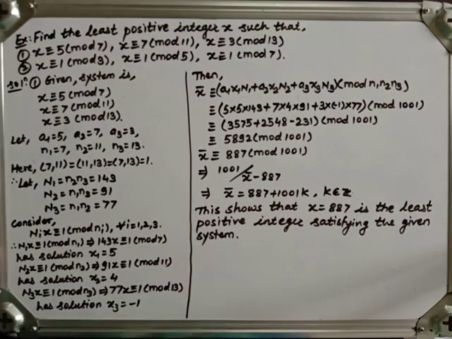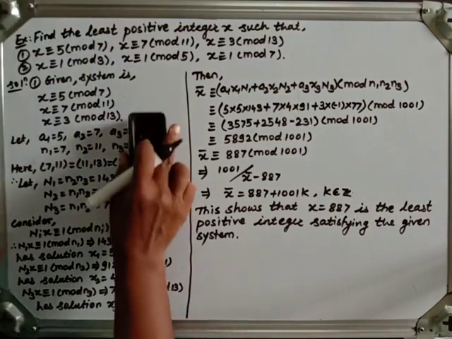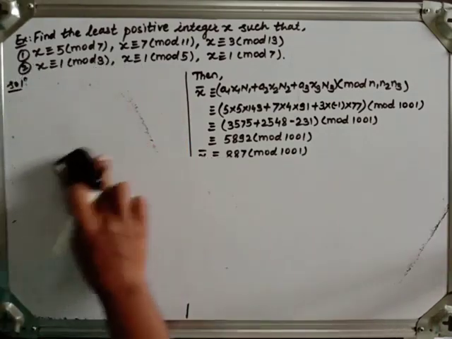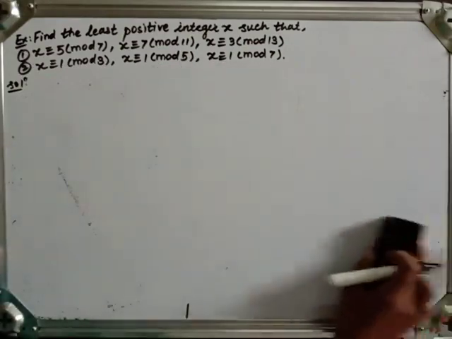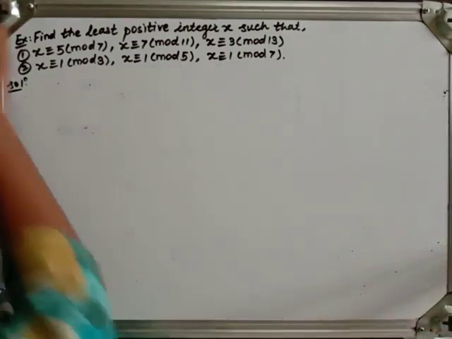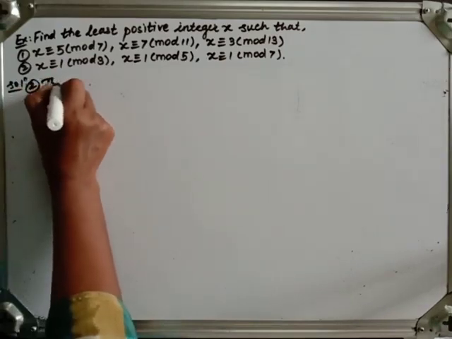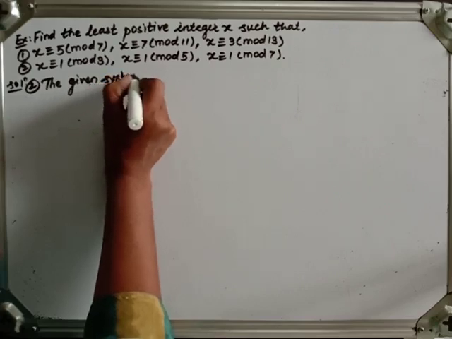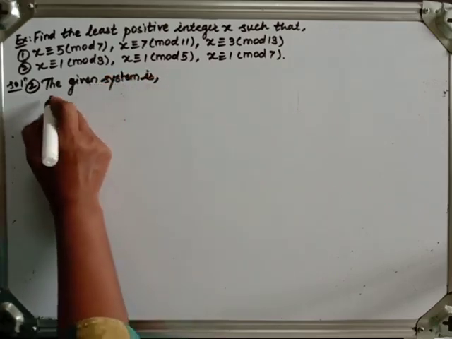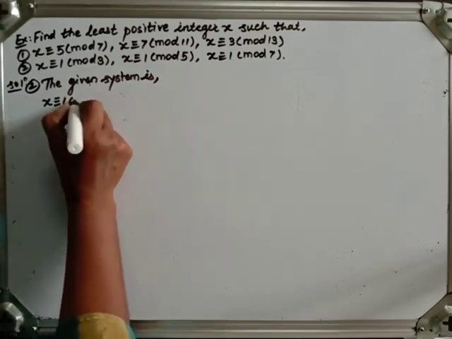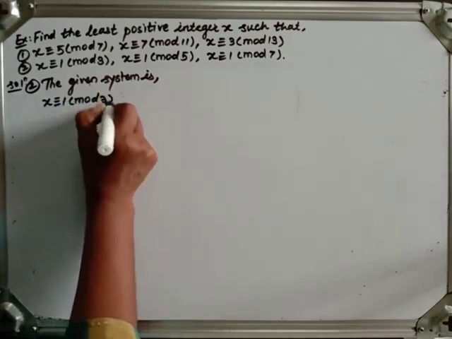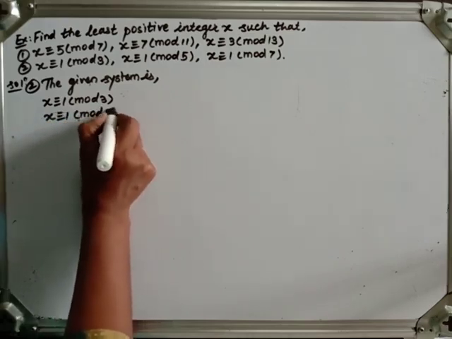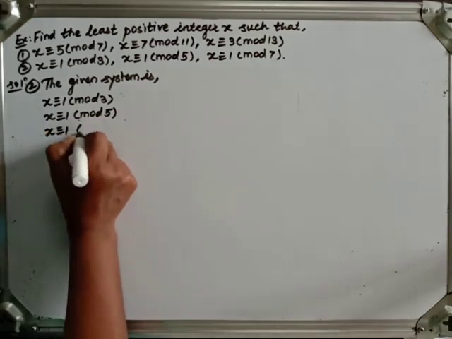Okay, now let's solve the second system. Second, the given system is x congruent to 1 modulo 3, x congruent to 1 modulo 5 and x congruent to 1 modulo 7.